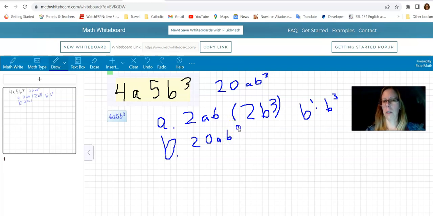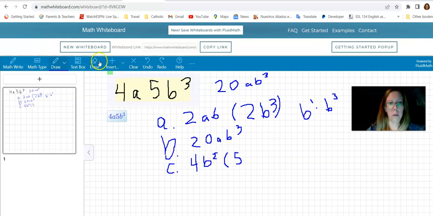All right, what if they gave you this one? Let's see if this next one is right. I don't know why it's not letting me write the 3. There we go. Okay, so let's look at this one now. Let's say they gave us one like this. 4b squared times 5ab.